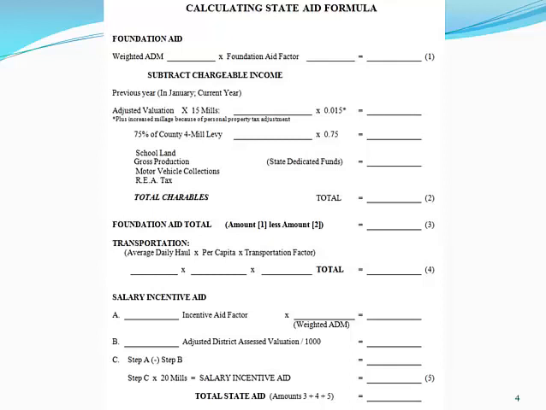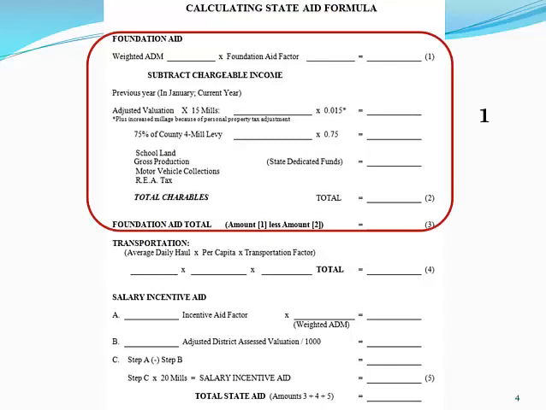So we're going to look at 3 parts of the formula, and within 2 of these parts we're going to concentrate on how this is an equity formula and what we mean by that when we talk about the state looking at what a district is able to make on its own and pulling that into the formula.